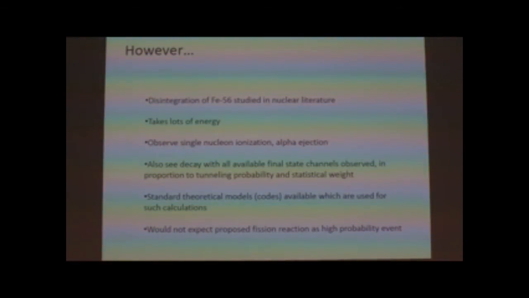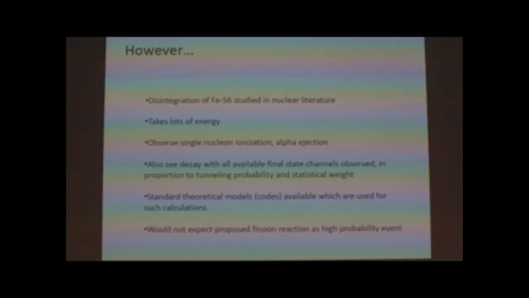If you put in more energy, you tend to see decay. You make this compound hot Bohr state, and you can get everything decaying in proportion to the tunneling probability and the associated statistical weights. In the nuclear literature, there are by now standard theoretical models and codes that can be used to calculate distributions, probabilities, and everything compared with the experiment.